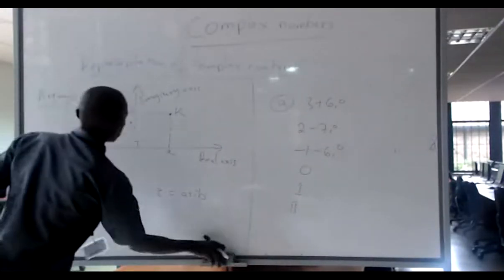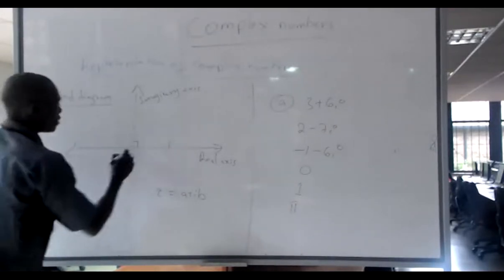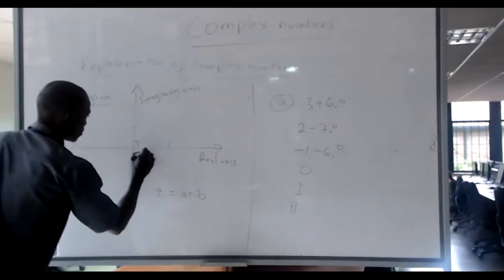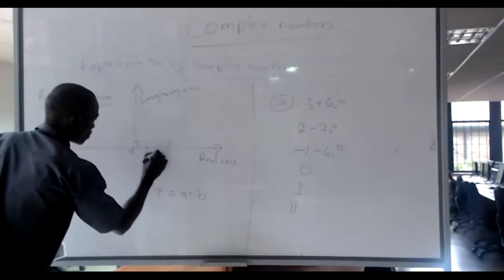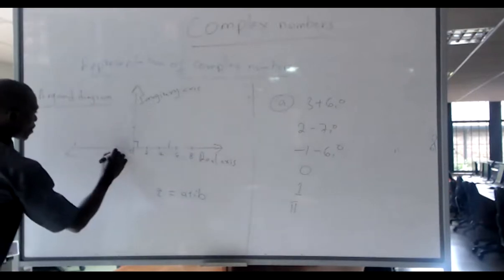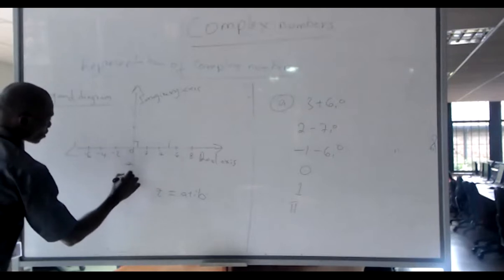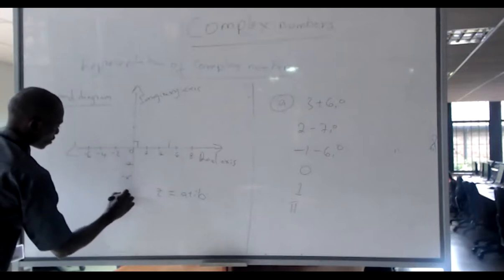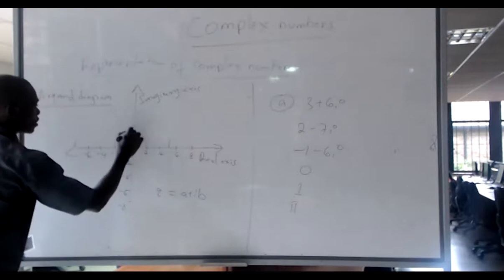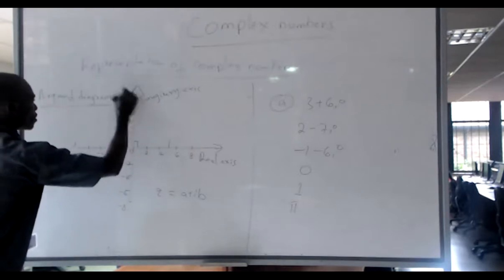So I will calibrate my scale. So this is 0, 2, 4, 6, 8. This is -2, -4, -6, -8. And on the vertical axis, 2, 4, 6, 8, and -2, -4, -6.